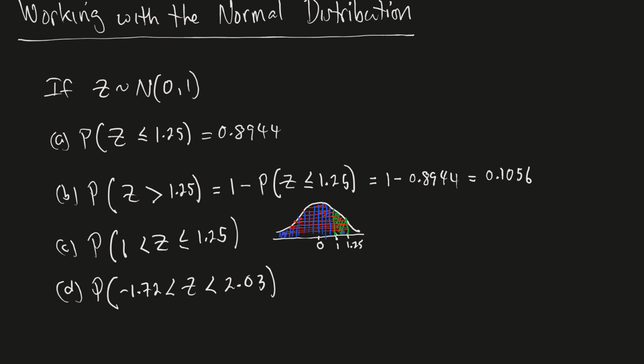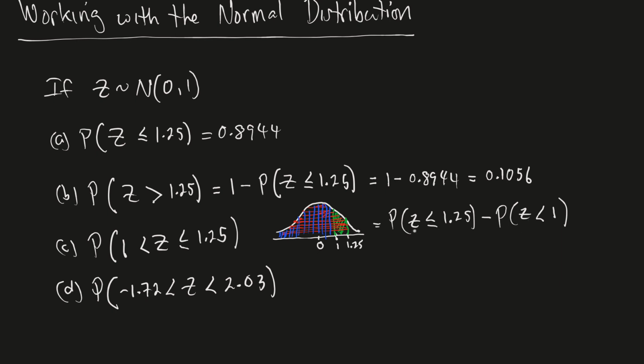So take the red area that goes up to 1.25 and subtract the blue area that goes up to 1, right? And again, this is a calculation that we've done. So for instance, this probability is equal to the probability that z is less than or equal to 1.25 minus the probability that z is strictly less than 1, right? So it's that difference that we're using.